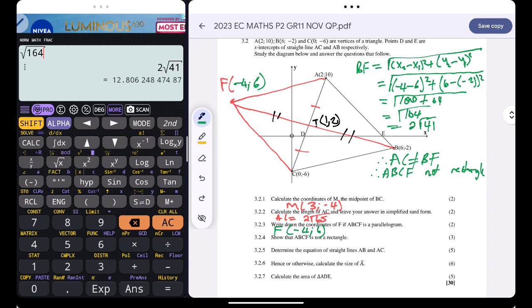Now I'm supposed to write down the equation of straight lines AC and AB. Okay, let's do that.